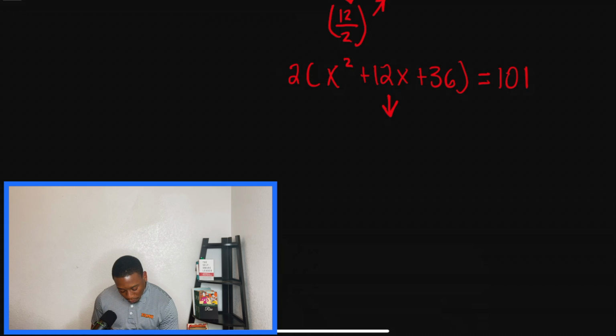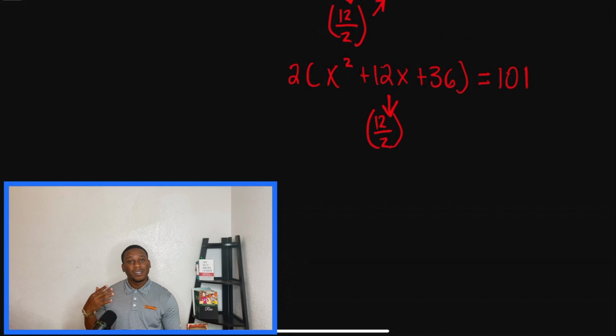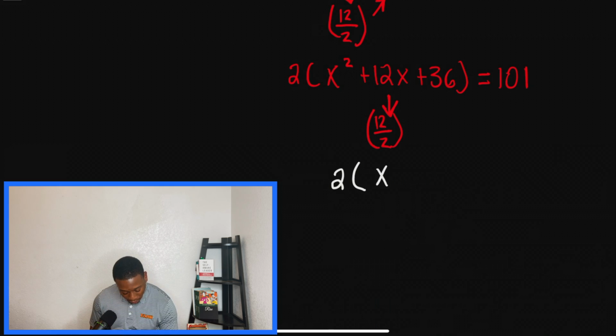And the way that we figure this out is we're going to take that middle term and divide it by 2. And whatever we get as an answer, that is the binomial we are going to square. So basically, this trinomial is going to turn into x plus 6 to the second power.